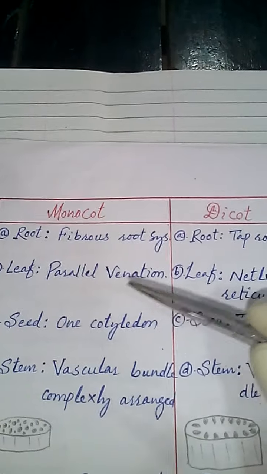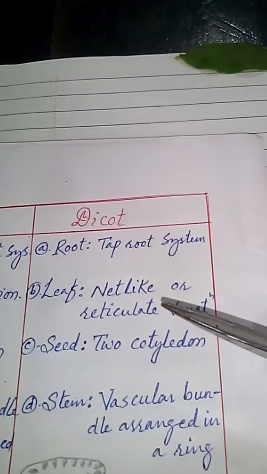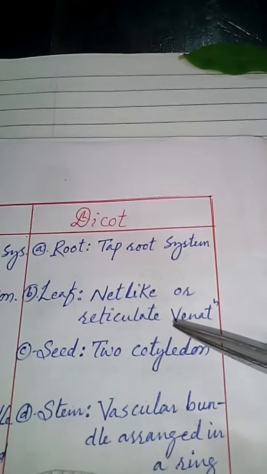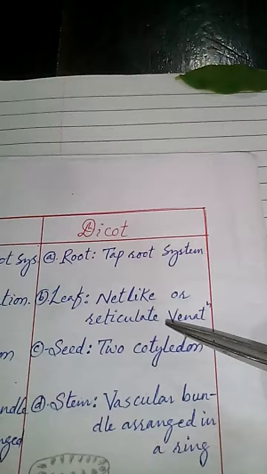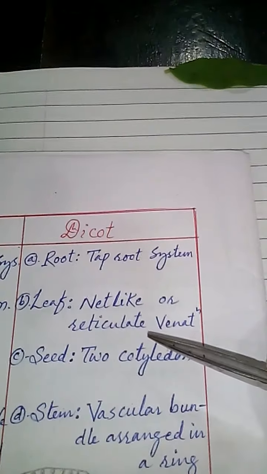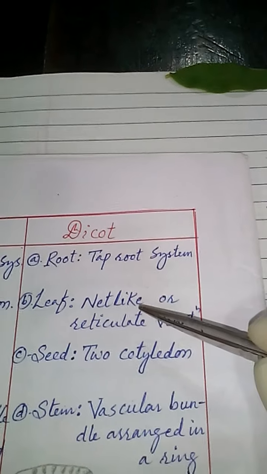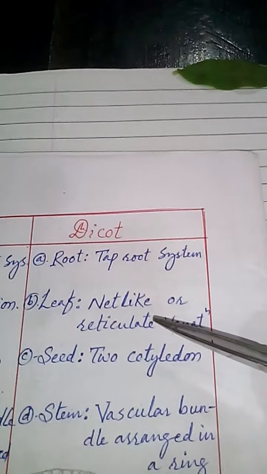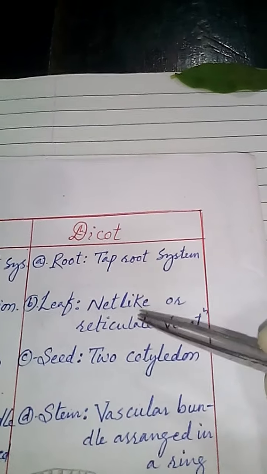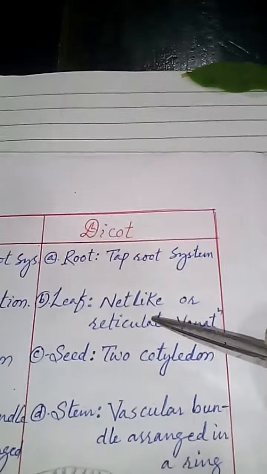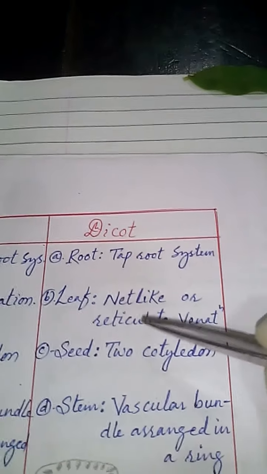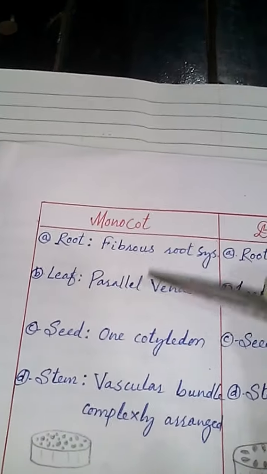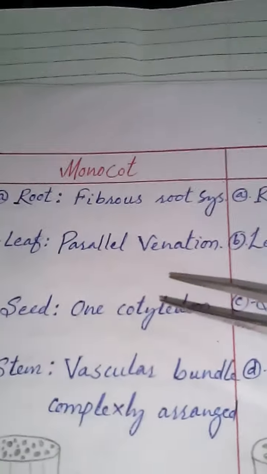And in the net-like or reticulate venation, the veins or veinlets are arranged in a net-like manner, or in a reticulate manner, meaning in a very complex manner. So a network of veins you will see in the net-like or reticulate venation, which is the venation system of the dicotyledonous plant, while in the monocotyledonous plant you will see parallel venation.